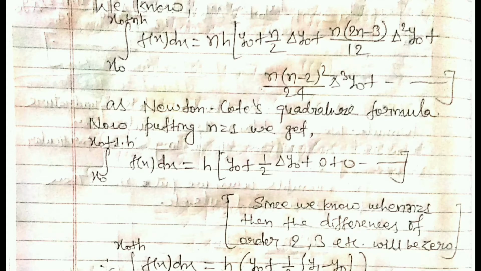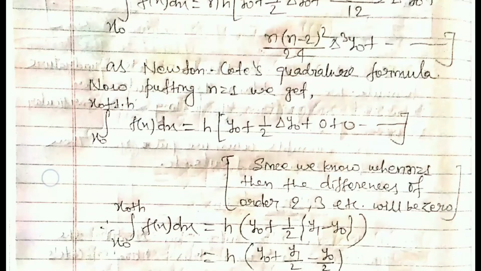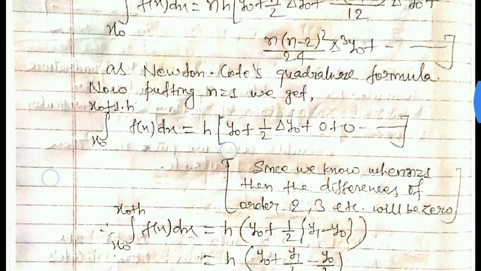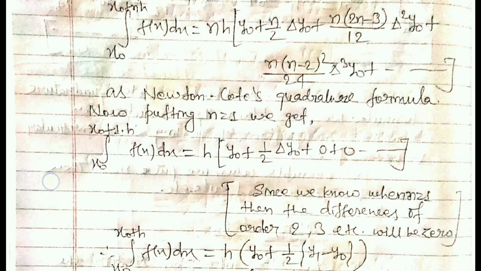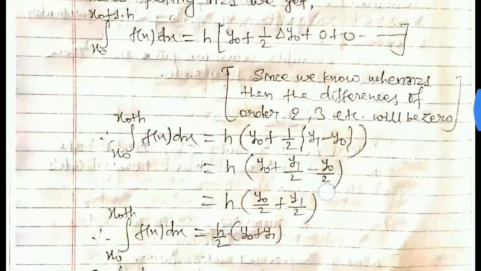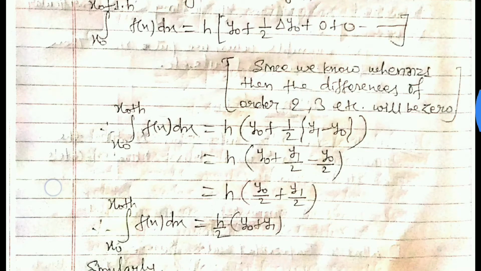So that's why the integral of f(x) from x0 to x0 plus 1h is equal to just h into y0 plus 1 by 2 first difference of y0. What is the meaning of the first difference of y0?